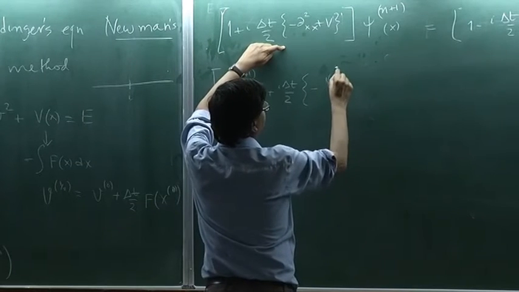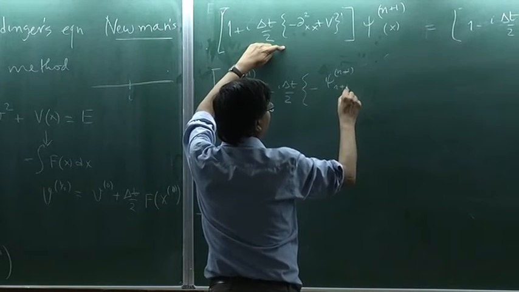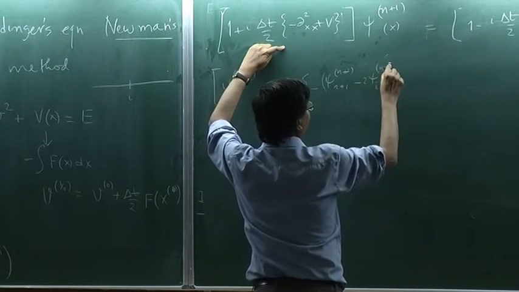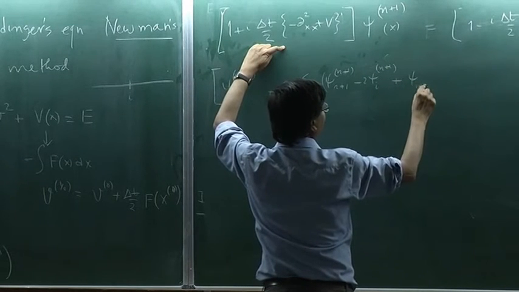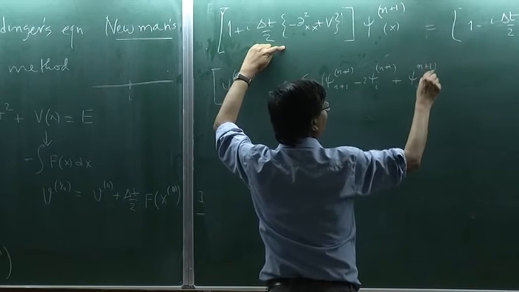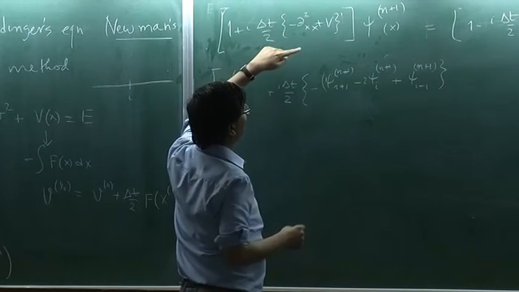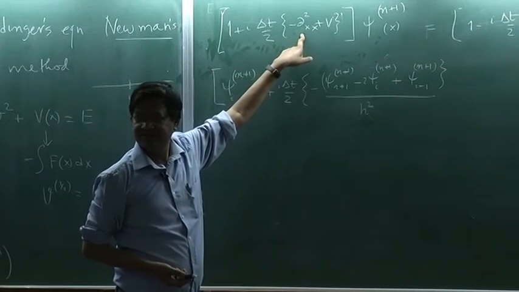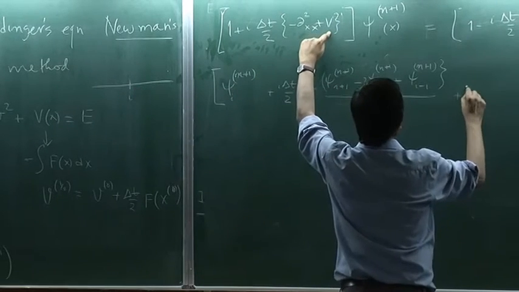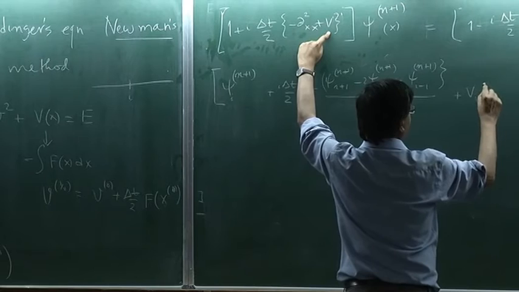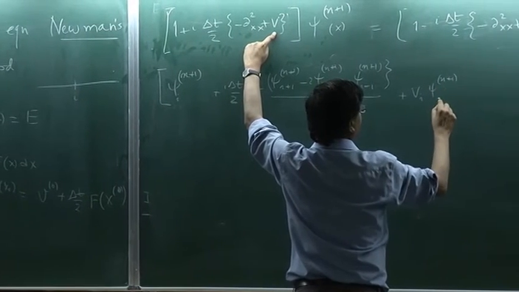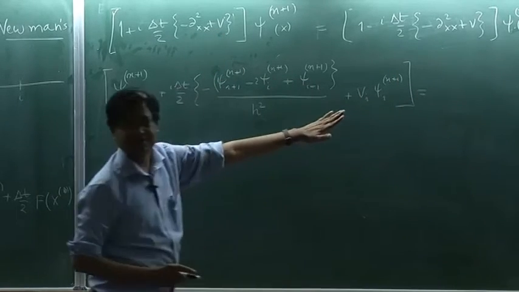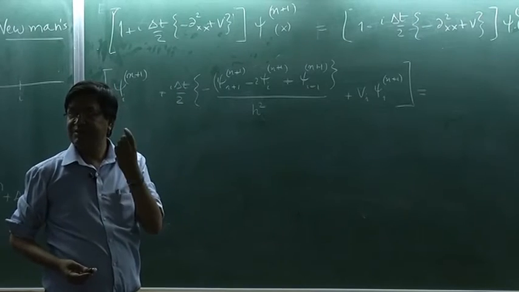It will be minus ψ(n+1, i+1) minus 2 ψ(i, n+1) plus ψ(i−1, n+1), all divided by h squared, this double derivative, plus V at x_i ψ(n+1) at i, bracket close. And same thing in the right hand side, but the right hand side is a function of time t.